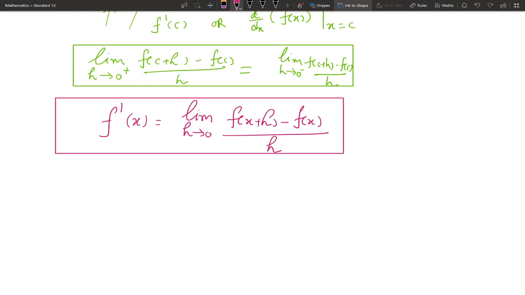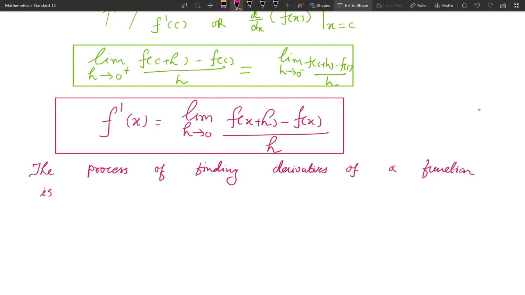The process of finding derivative of a function is called differentiation.